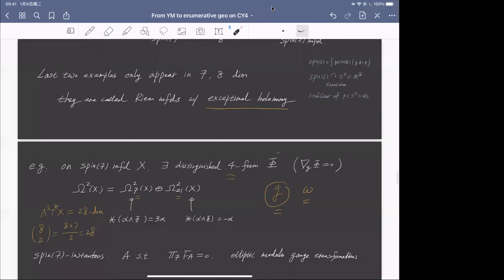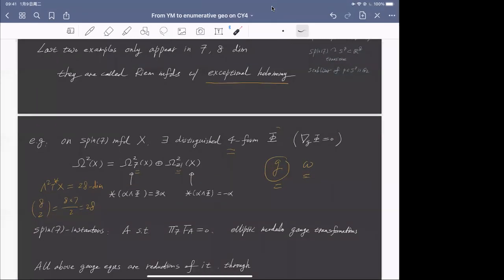Now the so-called Spin(7) instanton is a connection satisfying this equation. Instead of requiring the whole curvature to be 0, which in general dimensions gives too many equations, we use this special property of Spin(7) manifolds to project the curvature to this subspace and require only this part to be 0. Then we get 7 equations.